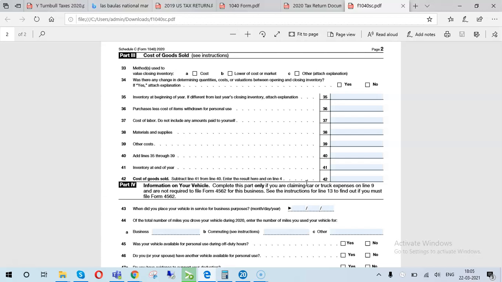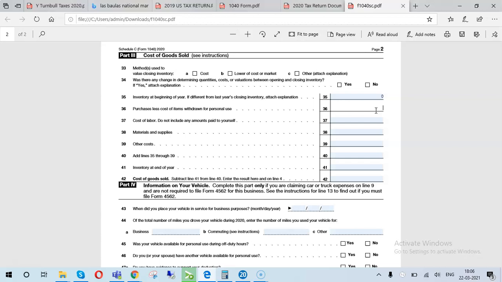Let us assume this is the first year of your business, so your inventory comes to 0 here, and your business is related to furniture.